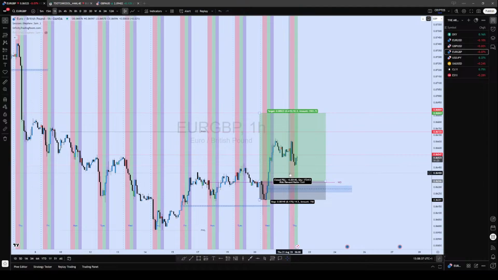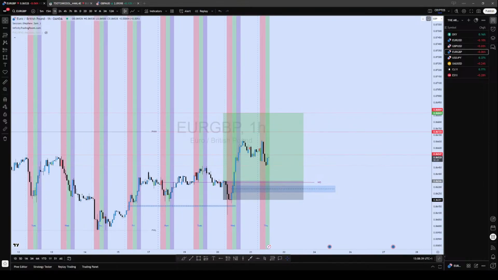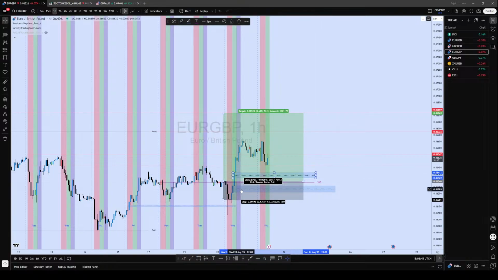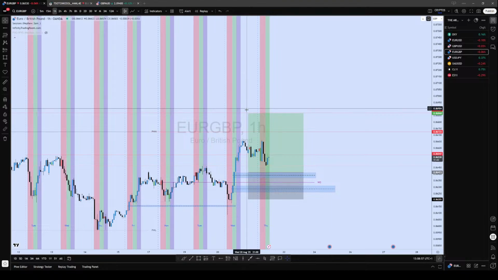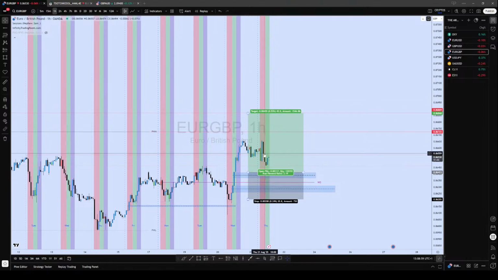If you want to get in, I think yesterday I placed my buy limit somewhere here. So you can place your buy limit there, and then you aim for these two upside objectives. All right, so that is for the euro pound.